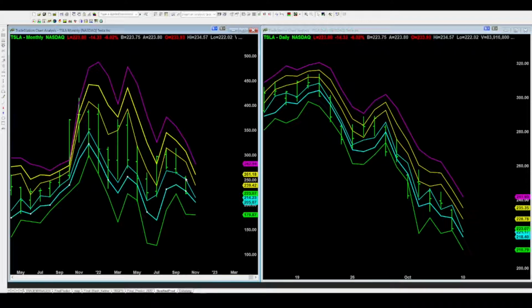It opened here in October, shot up a little bit, and then dropped down. During the first week of October, you can see this is a daily chart, Monday, Tuesday, Wednesday, Thursday, and Friday, it has a decreasing trend, as was predicted in the last video.